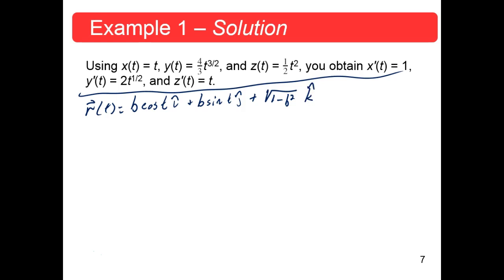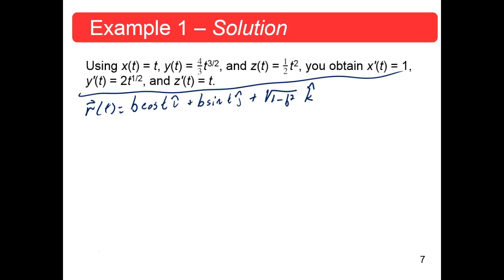All right. Now, there's your helix. Of course, b cosine t plus b sine t is going to be a circle of radius b. That would just be the i and j part. And then you're going up square root of 1 minus b squared.